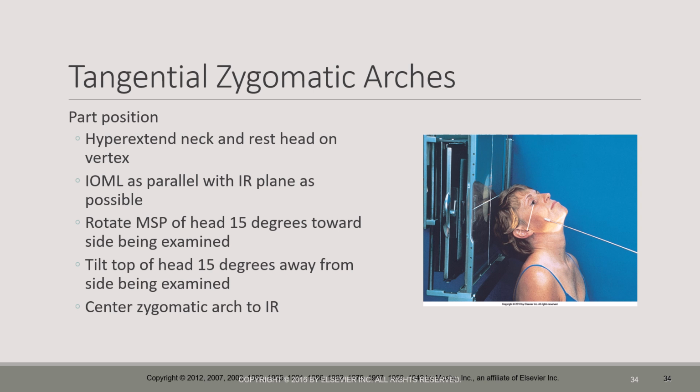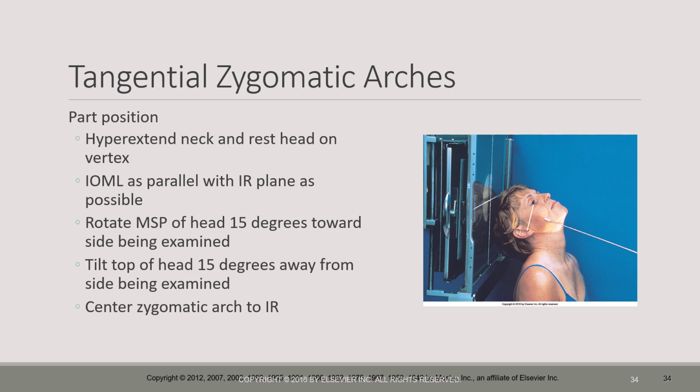And then we have to tip the head away from the side we want to see. So if we're trying to do the right zygomatic arch, you turn the head 15 degrees toward the right, but then tip the head back 15 degrees away. So tip to the left, so toward the left parietal bone, basically.